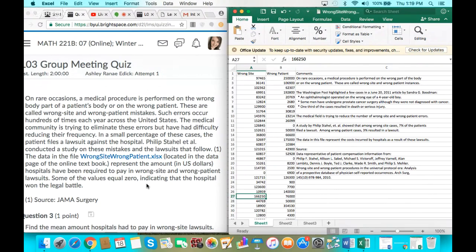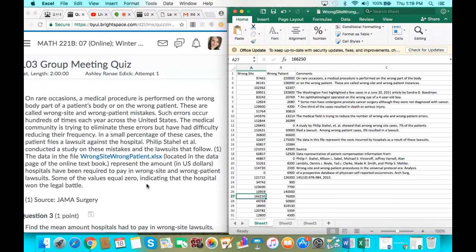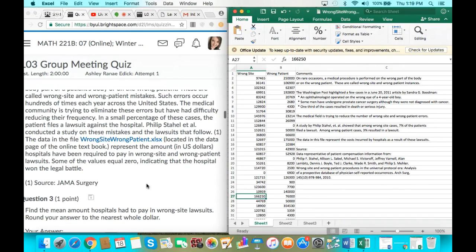In a small percentage of these cases, the patient files a lawsuit against the hospital. Philip conducted a study on these mistakes and lawsuits that follow. The data in the wrong site, wrong patient Excel sheet represent the amount in US dollars hospitals have been required to pay in wrong site, wrong patient lawsuits. Some of the values equal 0, indicating that the hospital won the legal battle.